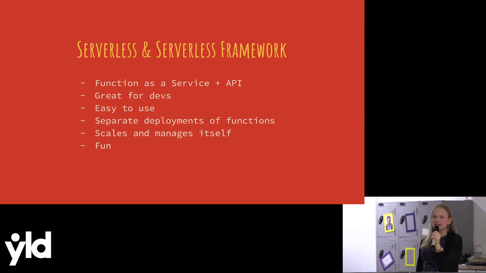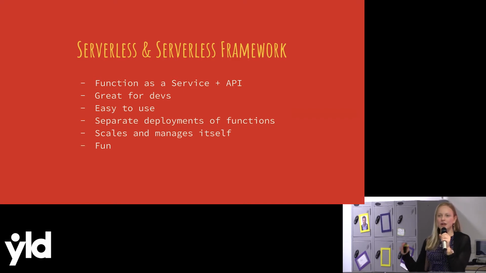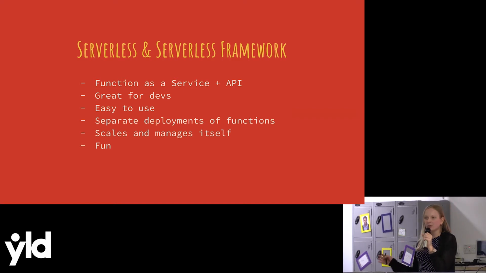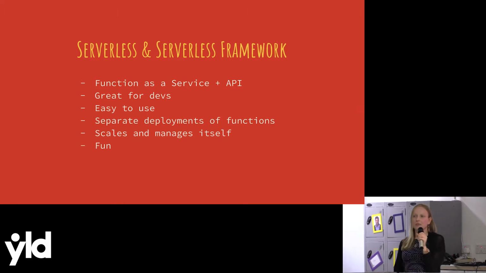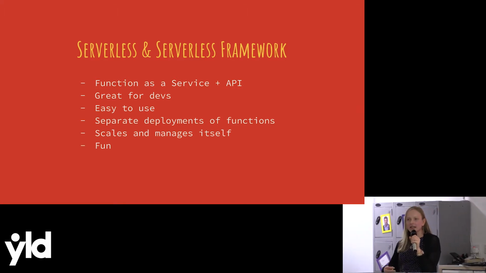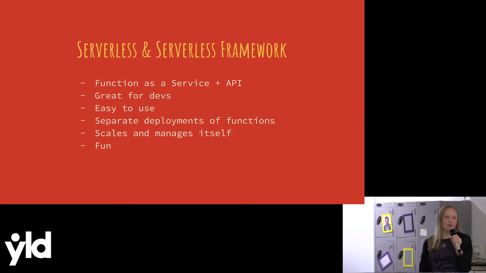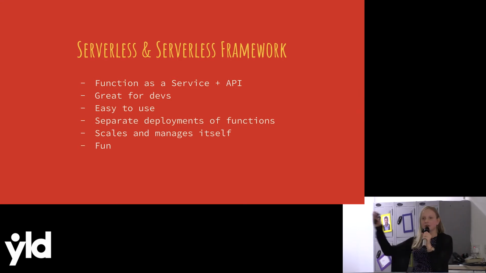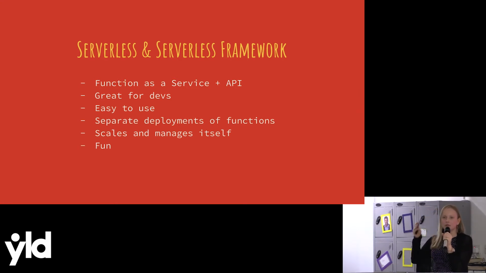So serverless as an architecture concept is the idea that you can just deploy your function, just your code, and you don't have to worry about all the operations around it. You don't have to worry about containers, you don't have to worry about setting up headers for your requests and calls and all this stuff. You don't need to worry about load balancing. All you need to worry about is writing your code, shipping it somewhere, and saying when that code should be run.